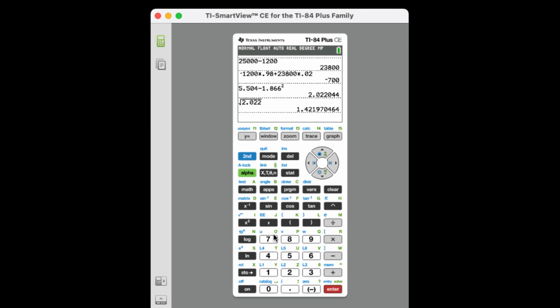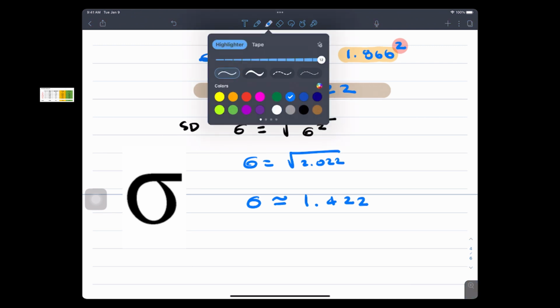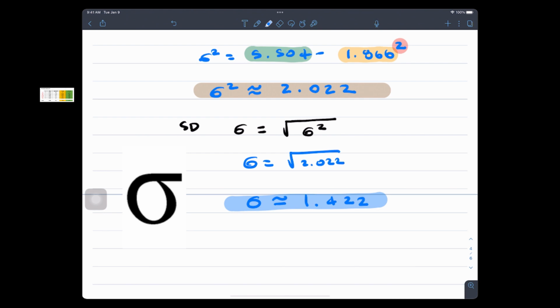The 1 is in the thousands position. The digit to the right is a 9. What does that give you? 1.422. So, ladies and gentlemen, and I don't know what color to use here, but let's use blue. This is how you can also get the standard deviation for any distribution. You're using those two formulas here, or those two relationships, okay? What do you guys think about that?